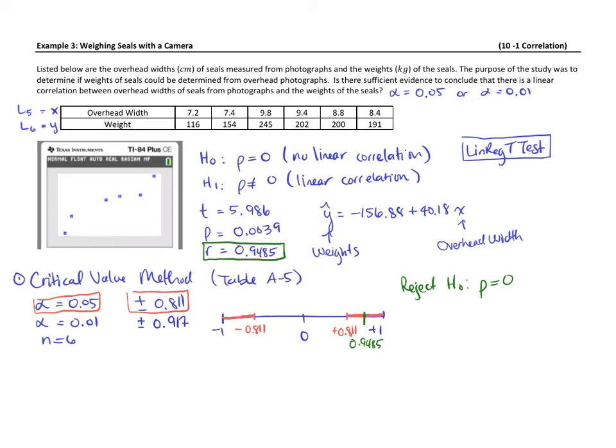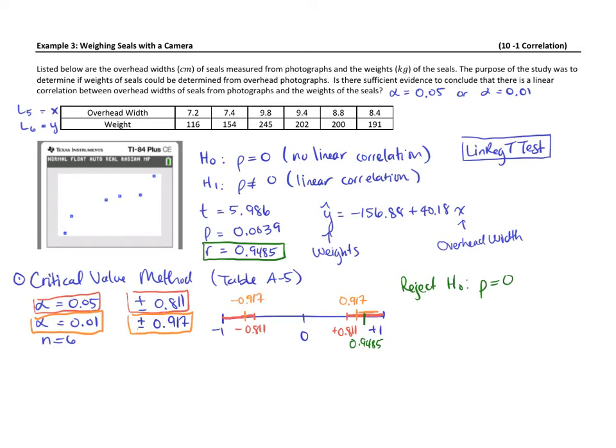Now, if we use a significance level of 0.01, let me use a different color here. I do not have purple as an option, so let me just use a color that I haven't used yet, orange. Let's mark our critical value at that significance level. 0.917 is about right here, and -0.917.